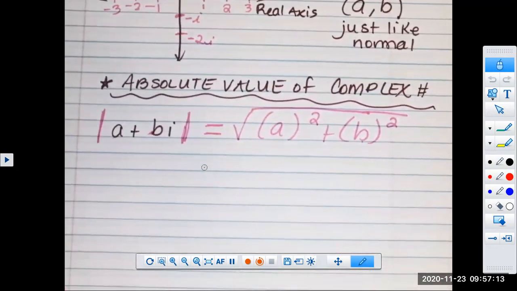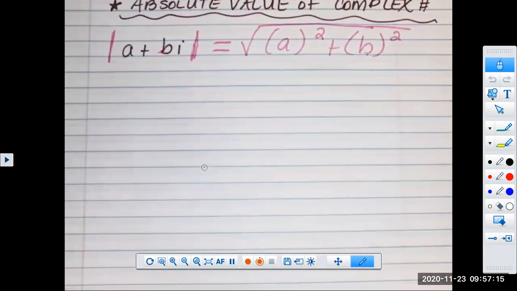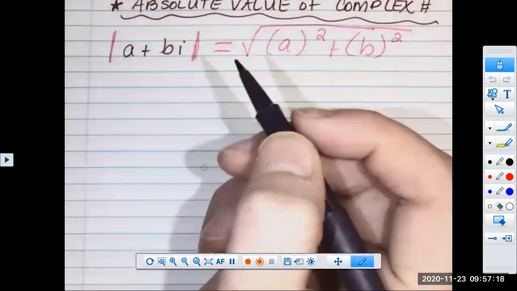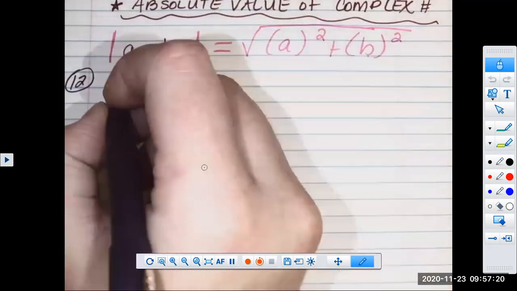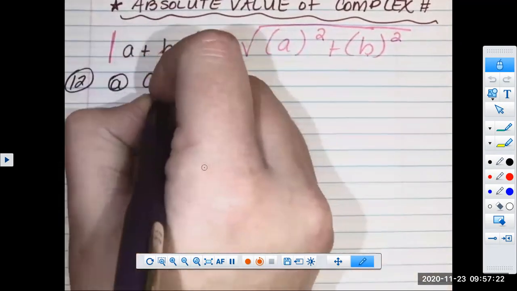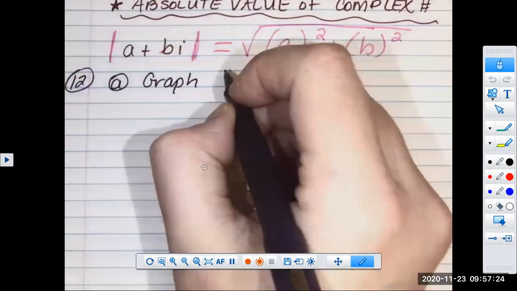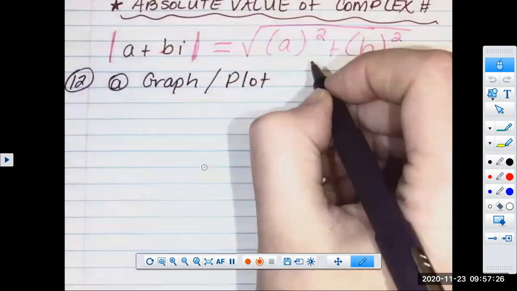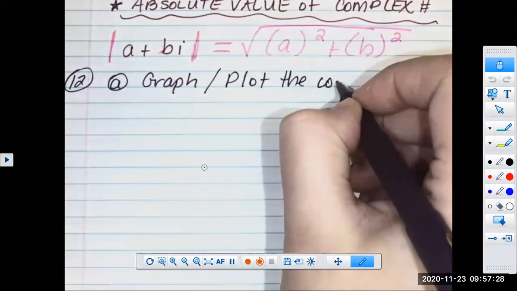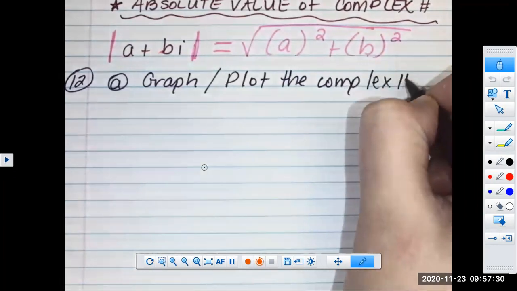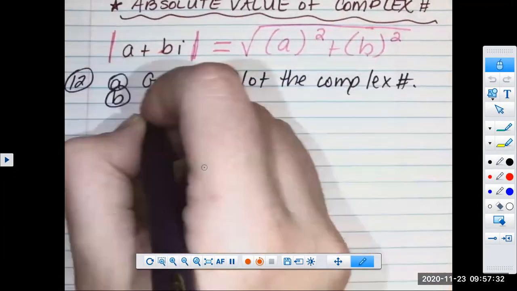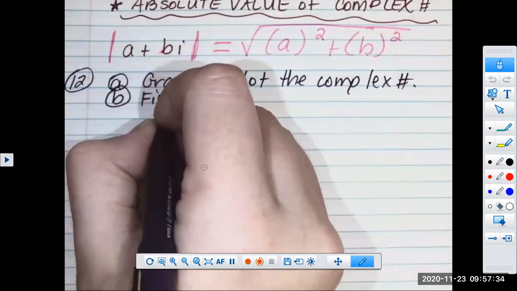All right, some of your problems in your Math Excel, like this is number 12 in your notes, will say in part A to graph or plot the complex number. And then in part B, it'll say find the absolute value.